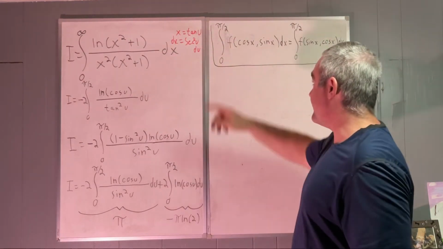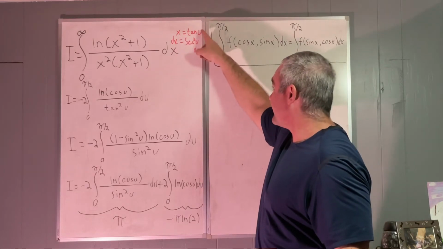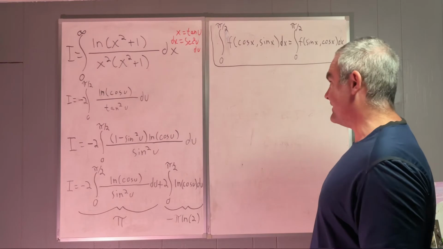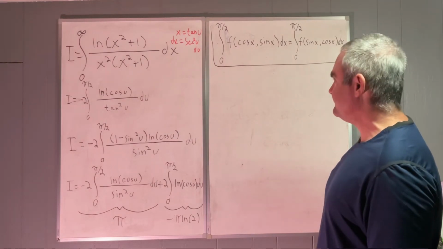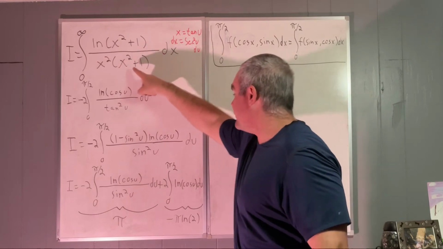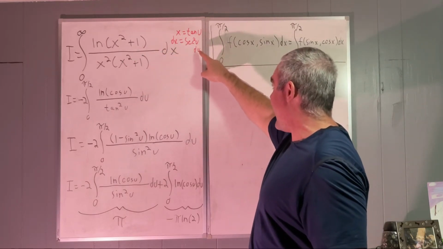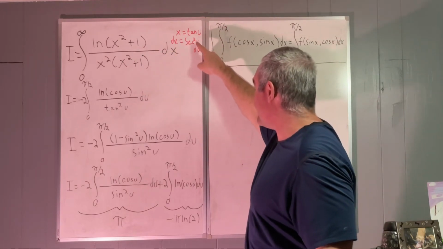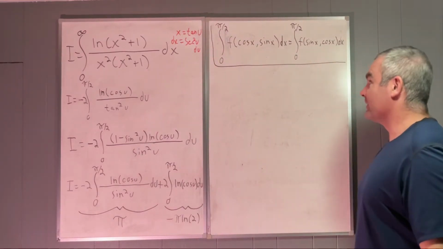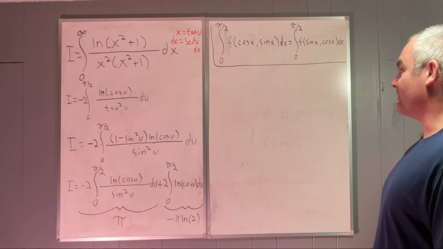Here, I'll just show you. So x is equal to the tangent of u. We all know that tangent squared u plus 1 is secant squared u. So this would change to a secant squared u, and then we would get back a secant squared u on the top from dx being equal to secant squared u du. So that's the obvious substitution to make.